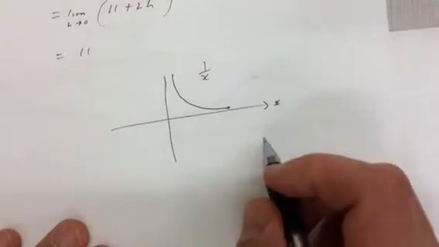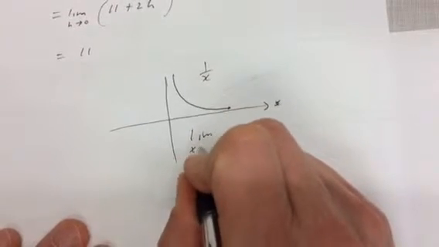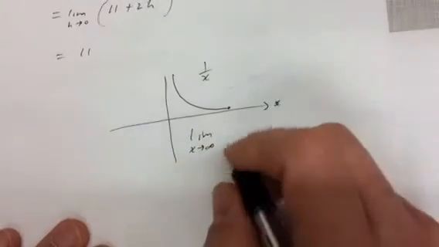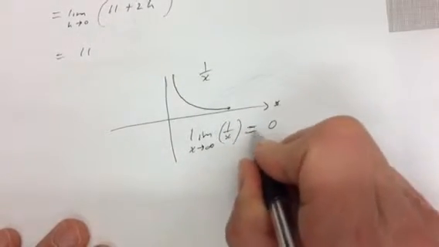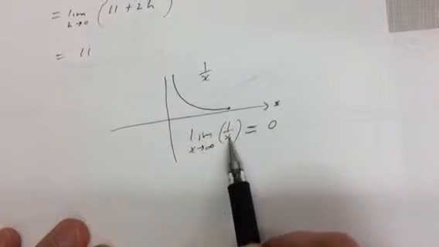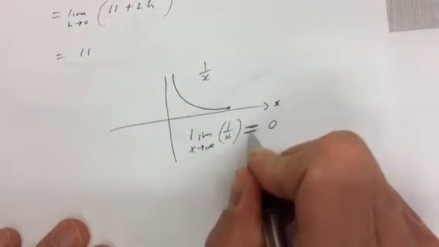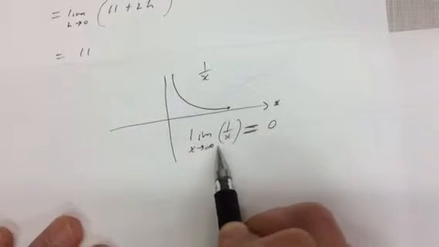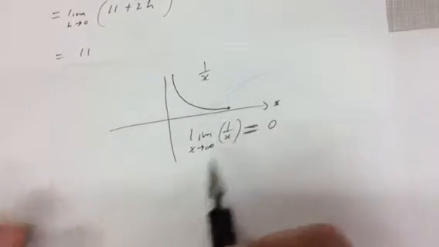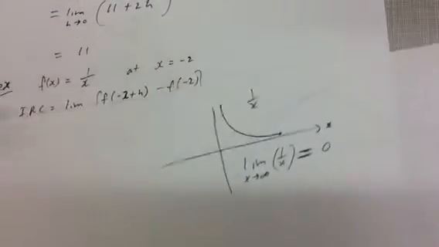The limit as x goes to infinity for something like 1 over x would equal 0. Even though the function itself will never equal 0, the limit does equal 0. So that's a little idea of what the limit is.